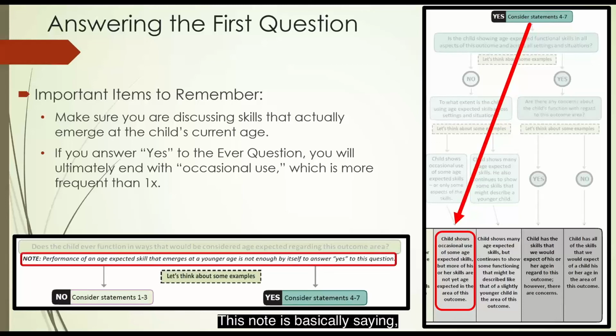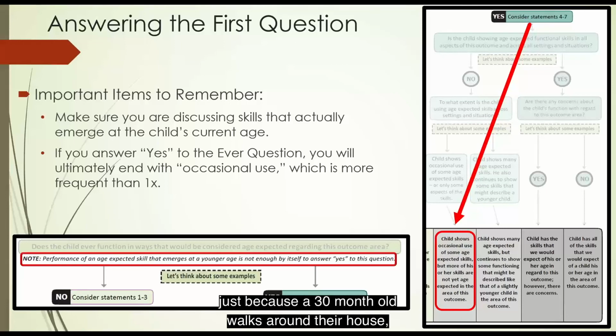This note is basically saying that we want to make sure we're discussing skills that actually emerge at the child's current age when answering this question. It's really easy to muddy that conversation by bringing up a skill that a child that age may have, but it's really a skill that emerges at a younger age or a much younger age. For example, you're going through this process with a 30-month-old.